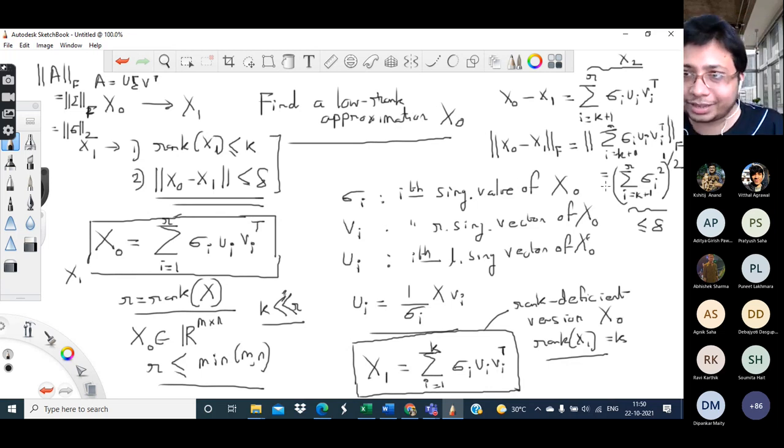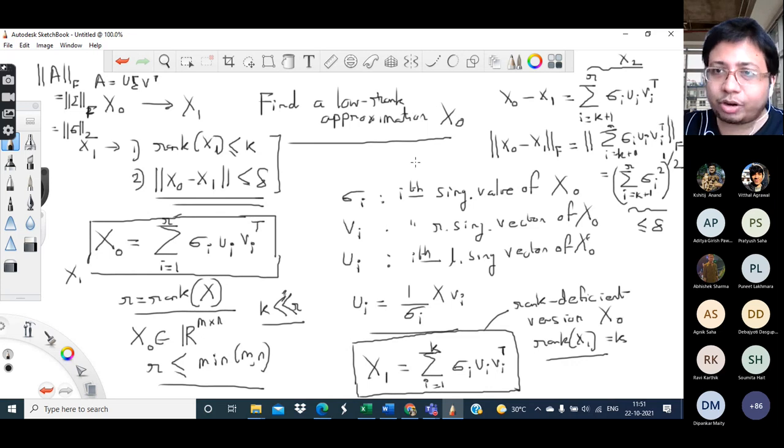Of course, I do not know exactly what these singular values are. So given any delta, I cannot say whether the sum of these remaining singular values is going to be smaller than delta or not. If so, then yes, I can get a low rank approximation x1 of x naught.